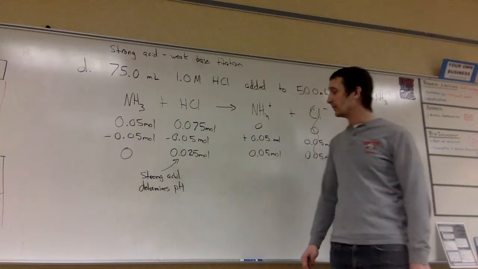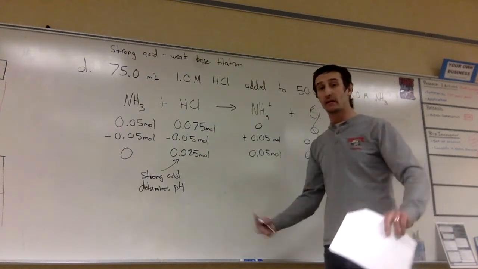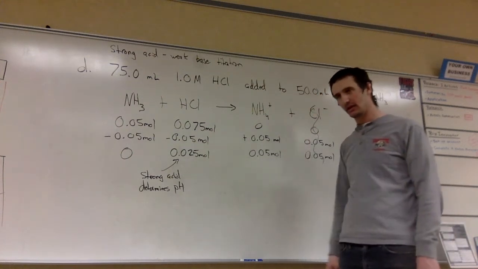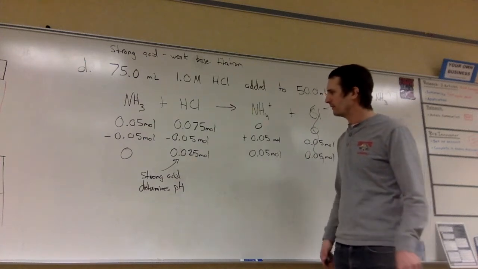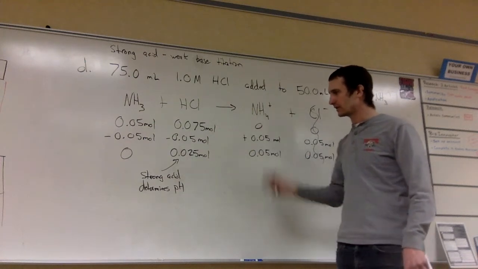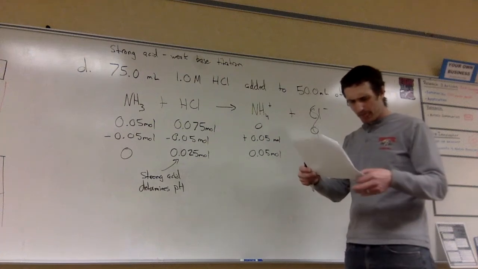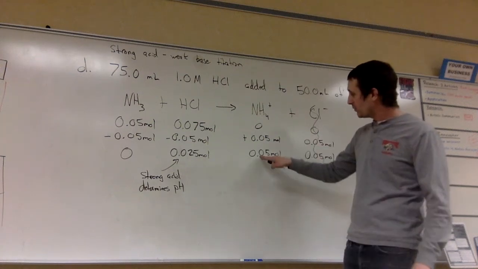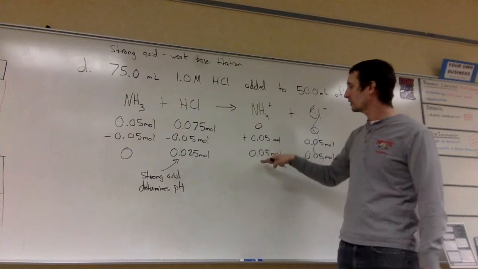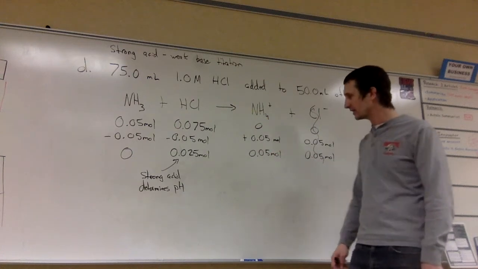Right? And that's because it sort of overwhelms the weak acid. It's kind of the big guy versus the little guy, right? And so this 0.05 moles of NH4 does not contribute significantly to the pH.